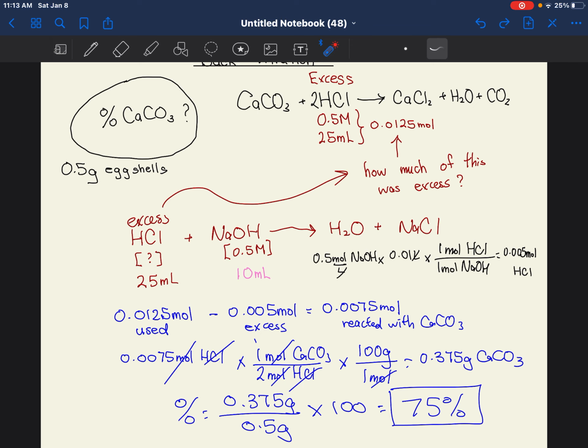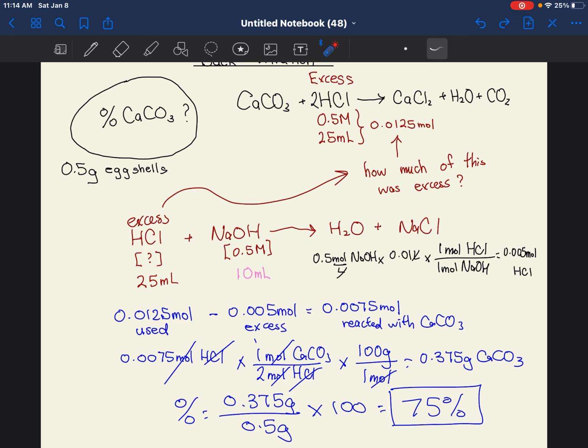I took the leftover HCl and reacted it with a known concentration of NaOH in a titration apparatus. By knowing the end point, I found out how much HCl was in excess from this reaction. So I took the original amount and subtracted the excess to know how much I actually used to react with CaCO3, and that is 0.0075 mole.